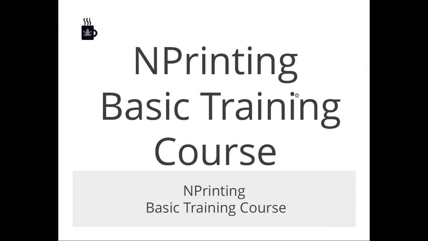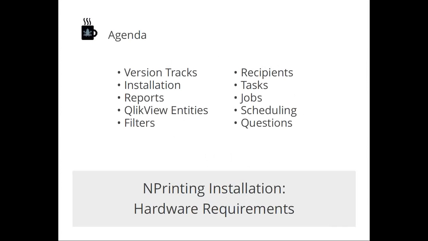So we'll start with an agenda. These are the items that we'll be looking at today. Version tracks, we'll talk about installation of NPrinting, we'll talk about how to create NPrinting reports, and we'll talk about what QlikView entities are as well.